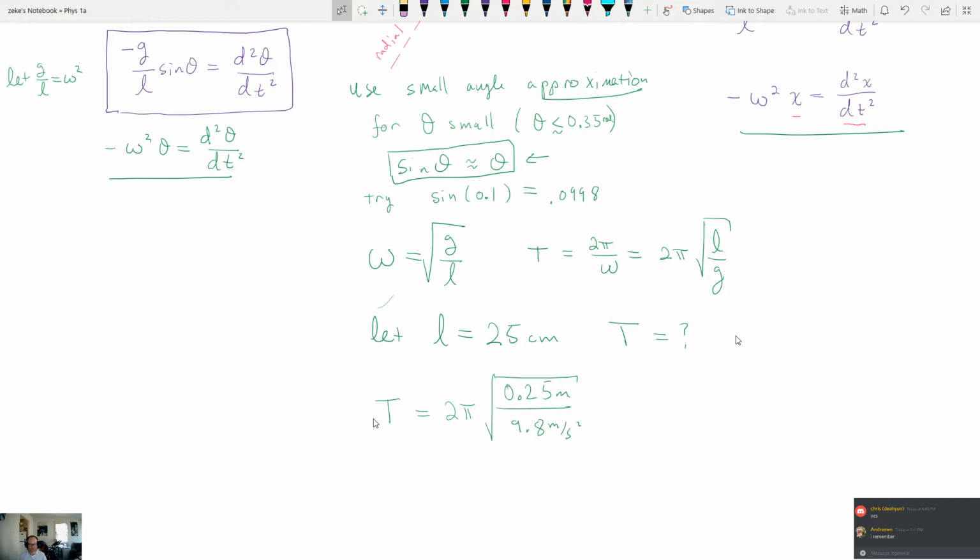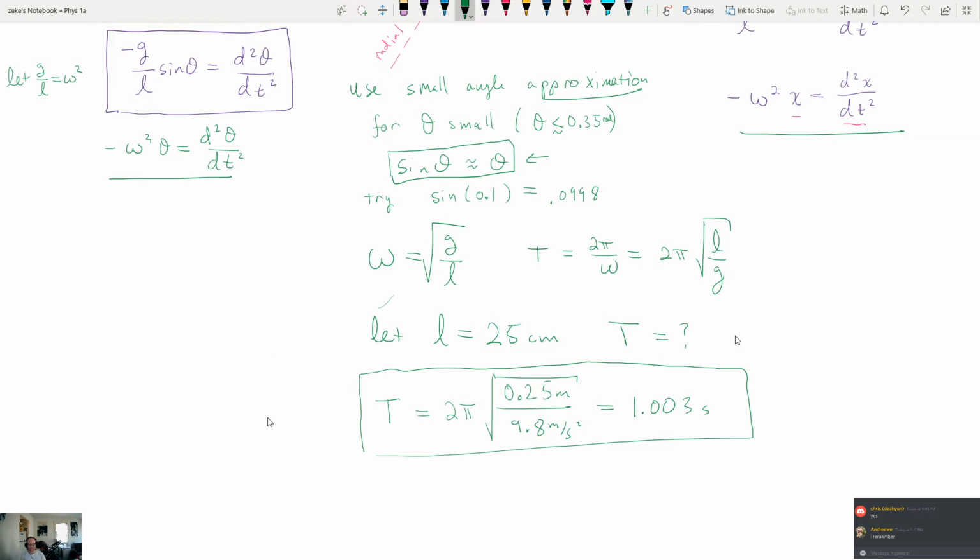And the units will work out that you get T out of this. I think you're going to get an answer that's really close to 1 second if you do this. I got 1.003 seconds. And if you made it just a little bit shorter, it would have a period of exactly 1 second.